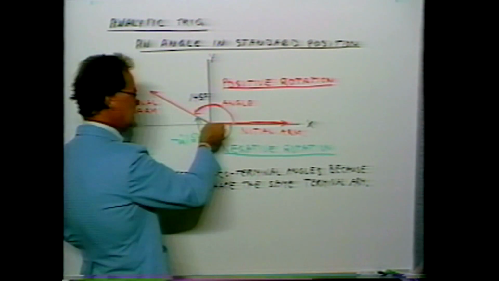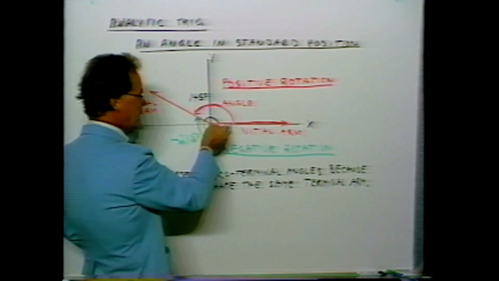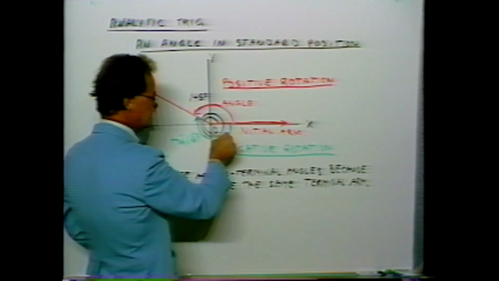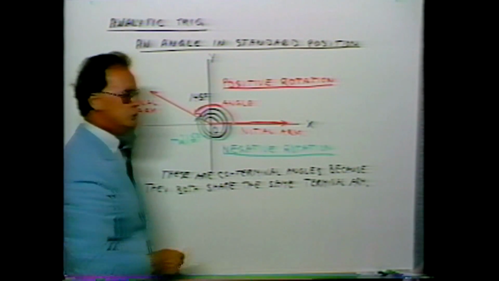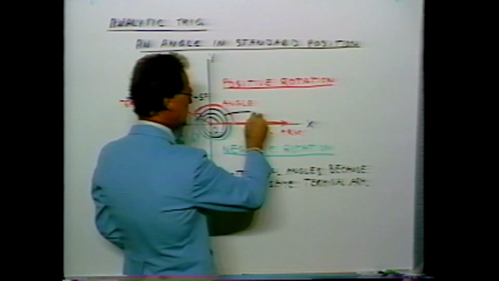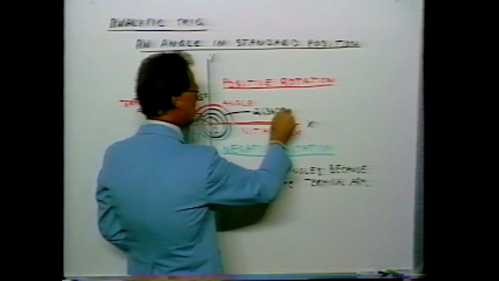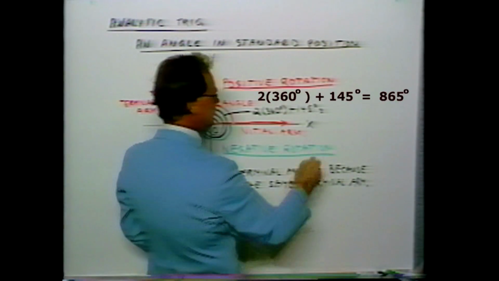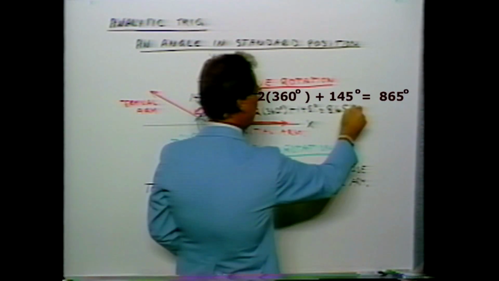For example, if I rotate completely around once and completely around twice and stop at the terminal arm after two complete revolutions, that angle is equal to twice 360 degrees plus the 145 degrees, and that amounts to 865 degrees.